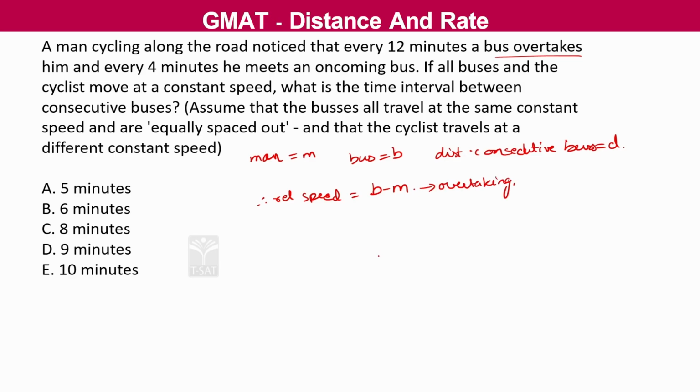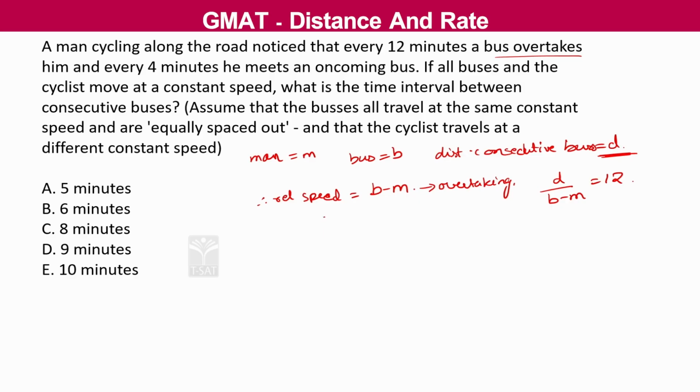It is given that every 12 minutes a bus overtakes. So, the distance between each bus is the distance that needs to be covered in 12 minutes. So, the time is the distance d divided by b minus m, which is equal to 12 minutes.